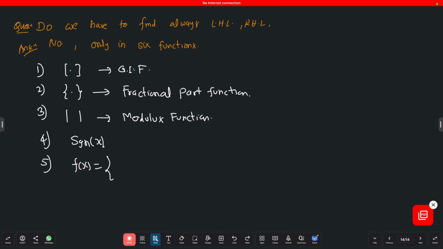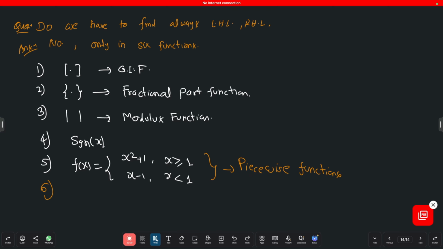So function of this form, suppose x square plus 1 whenever x is greater than or equal to 1, x minus 1 when x is less than 1. So this function is called piecewise function. Whenever piecewise function, we have to do L.H.L and R.H.L. That's why we have always done L.H.L, R.H.L in those piecewise problems.